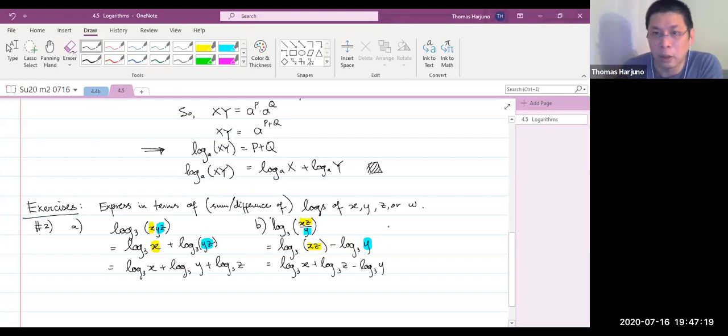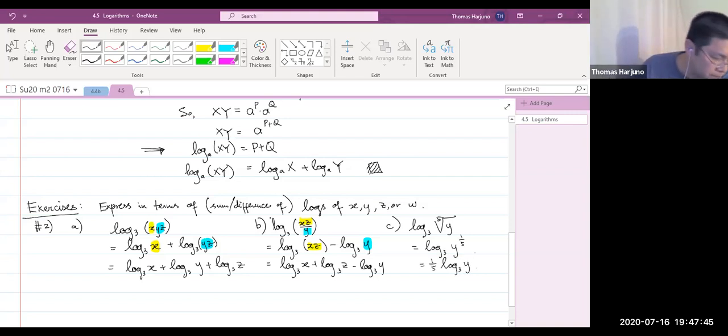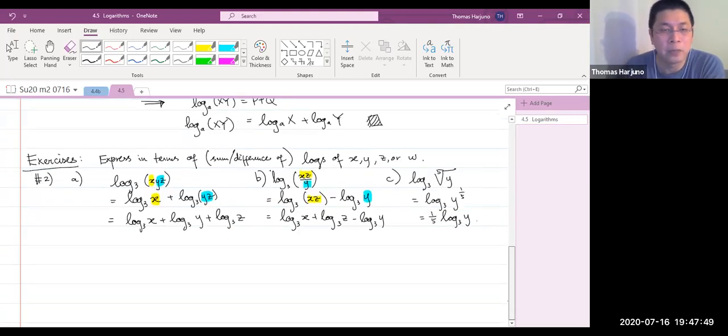Okay, log base 3 of the fifth root of y equals log base 3 of y to the 1/5. And using property number 3, that's 1/5 log base 3 of y. That's Mickey Mouse. Okay, that's for number 2.